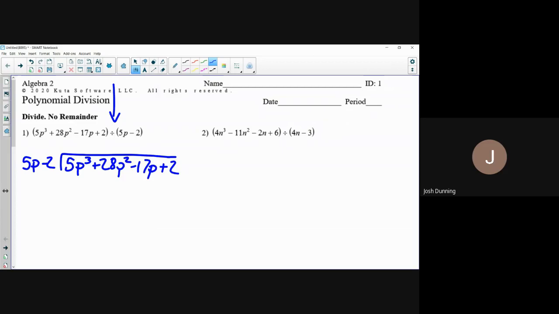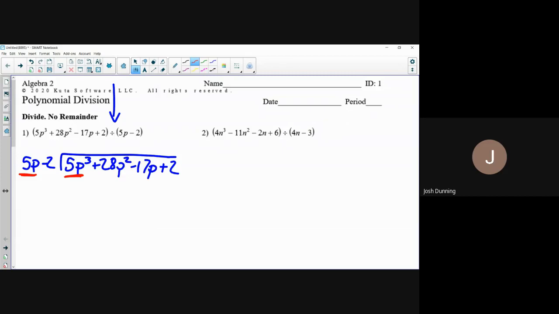Then you ask yourself, what do you have to multiply this leading term of your divisor by to make it match the leading term of what you're dividing into? Well, you multiply 5 by 1 to get 5. We're dividing by p to the first.